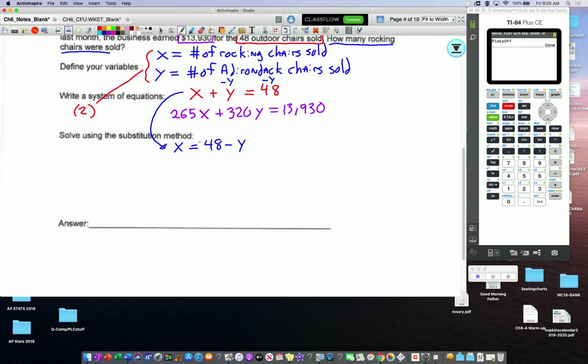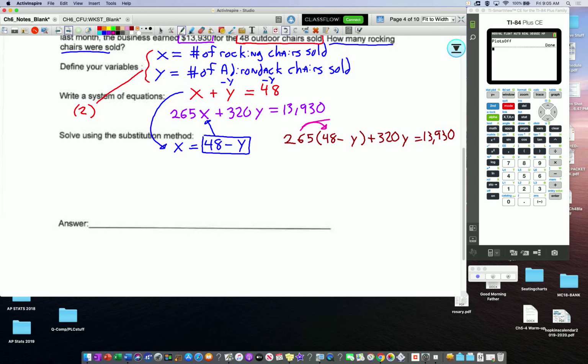So now, remember, our next step will be to take this answer and plug it into the second equation. So as I do that, I will say 265 times (48 minus Y) plus 320Y equals 13,930.